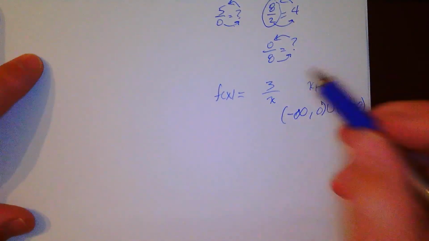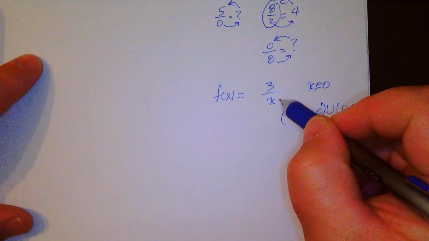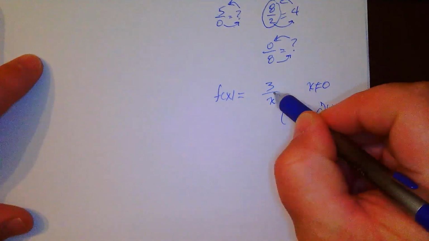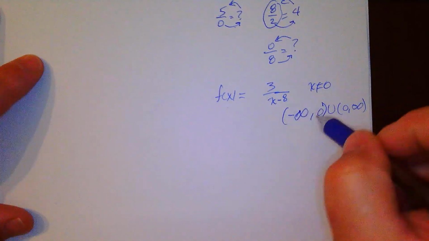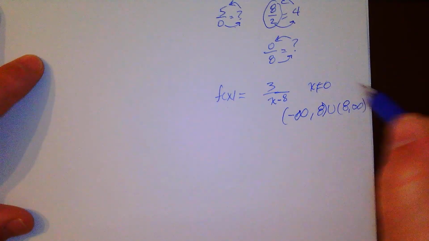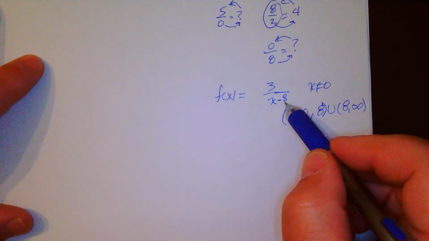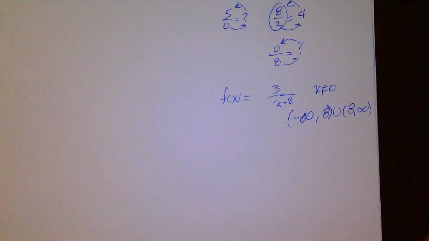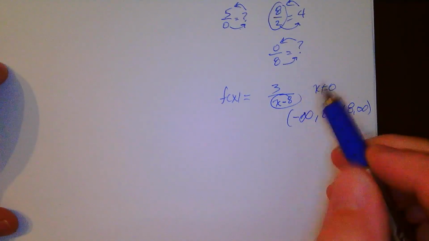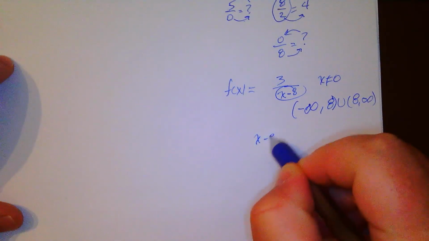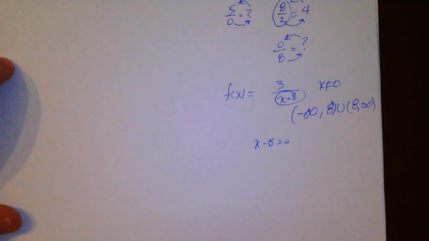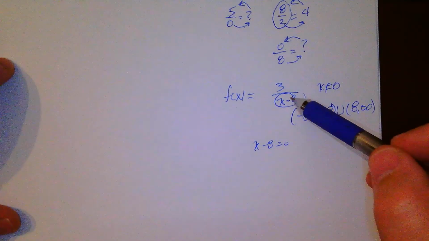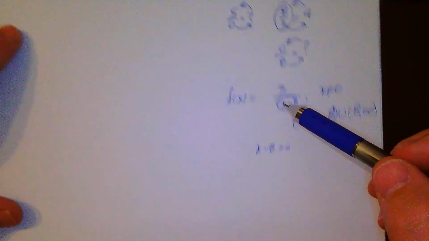And if it was, say, x minus 8 instead, well, then x could not be 8, because if x was 8, 8 minus 8 is 0, and 3 divided by 0, once again, boom, no dice. So what you do in this situation, you take that denominator and you set it equal to 0 and you solve it, and that tells you what value would make this equal to 0, and that's what number you cannot use.